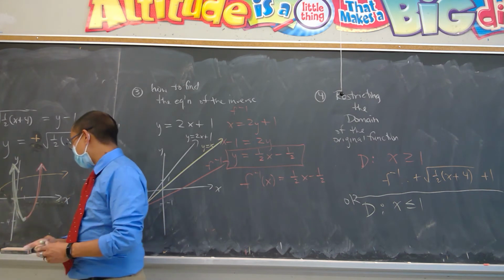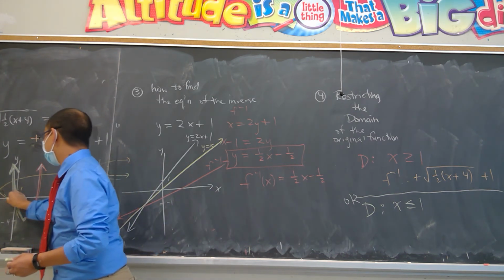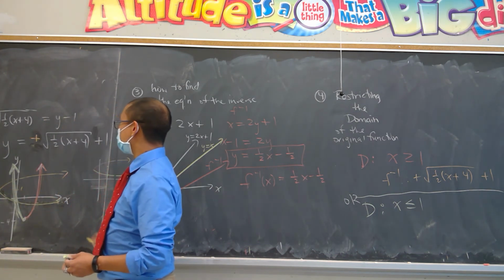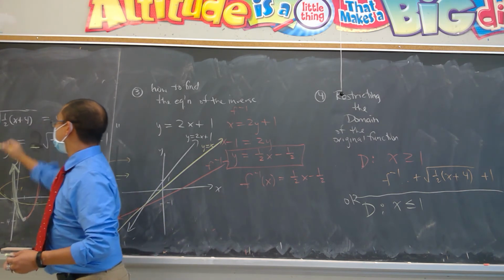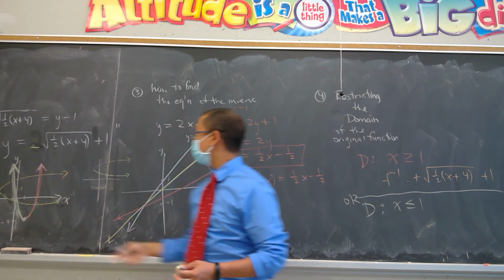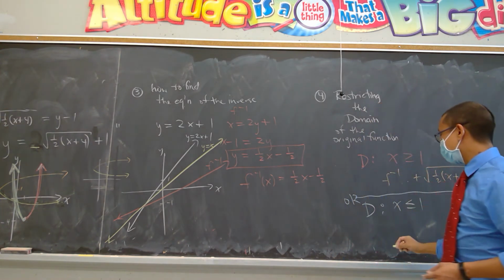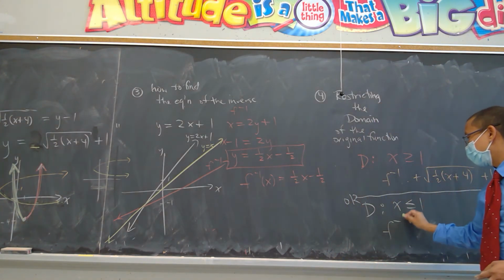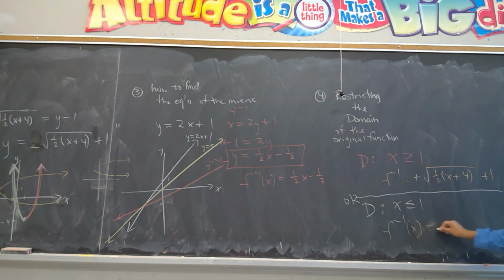And so less than 1 would correspond to that yellow part. And I'll just do it here if that's okay. That's the negative one. So if we reflect that orange one, the inverse would be negative square root of 1/2 x plus 4. But combining the two, or if we had an overlap around 1, it would not be a function.